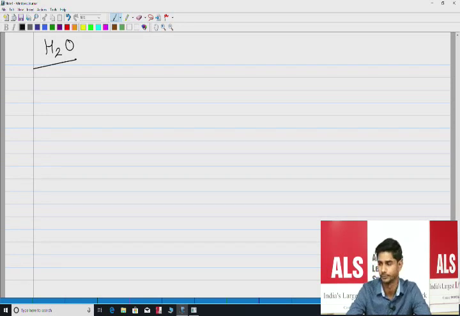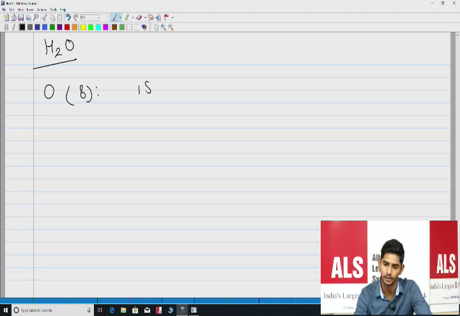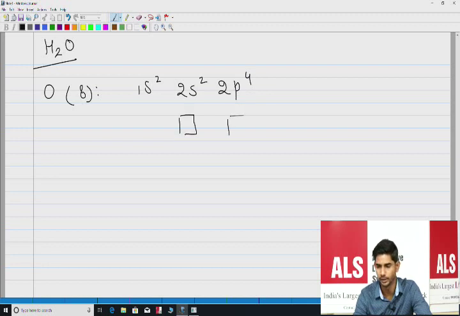Okay, good. So let's begin, guys. Check out the oxygen, which is 8, 1s2, 2s2, 2p4. So if you check out the arrangement, it will look like this. Two electrons, 1 and 1.